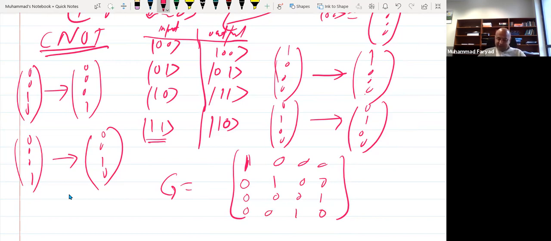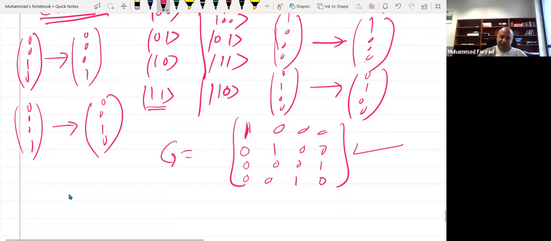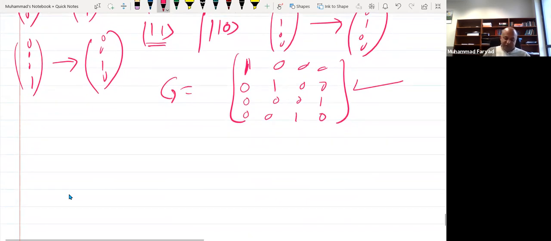And you can check that when the input is 0, 0, 0, 1, the output is going to 0, 0, 1, 0, and so on. So this matrix, I will have to prepare from the definition. I cannot get it by tensor multiplying I and X. That's number one.